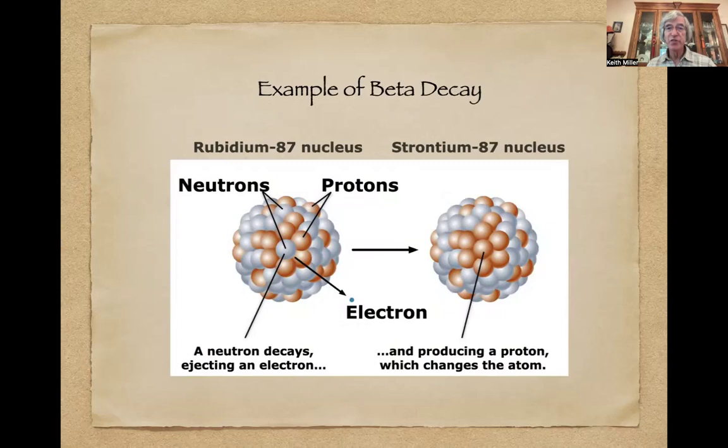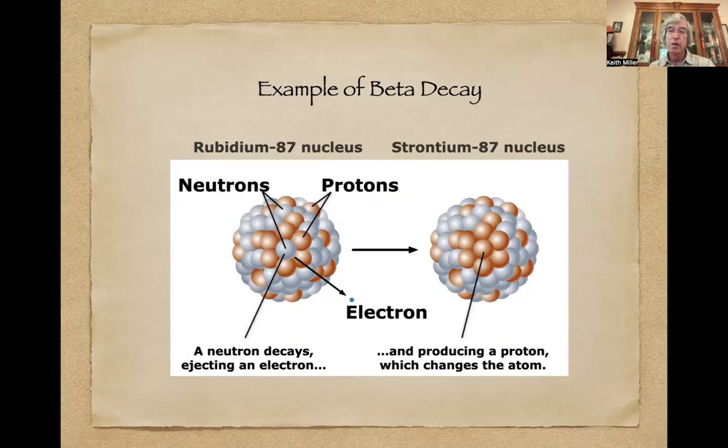So let's look at an example of beta decay. This is the rubidium-strontium radioactive decay series. It goes from rubidium-87 to strontium-87. Notice the mass is the same, but the charge has changed. The diagram there on the left is the rubidium-87, and you see in the center there is a neutron, the gray sphere.